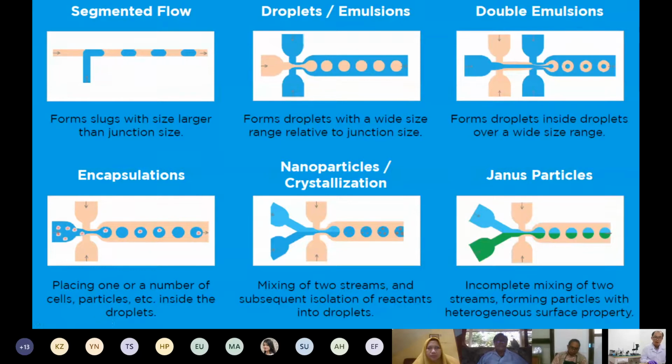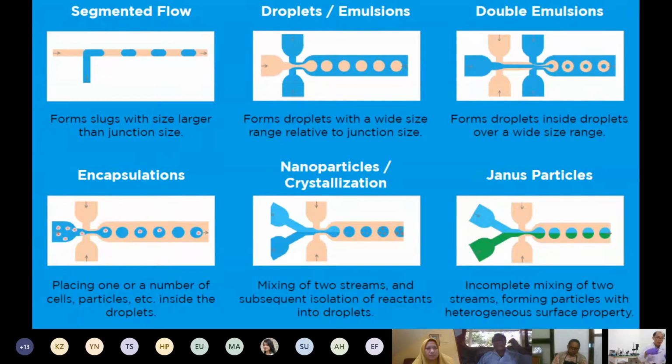The first chip makes small droplets, and the second chip makes bigger droplets which contain the other droplet inside. We can make an encapsulation by placing one or a number of cells or particles inside the droplets, or we can make nanoparticles or crystallization by mixing two streams and subsequent isolation of the reactants into droplets.